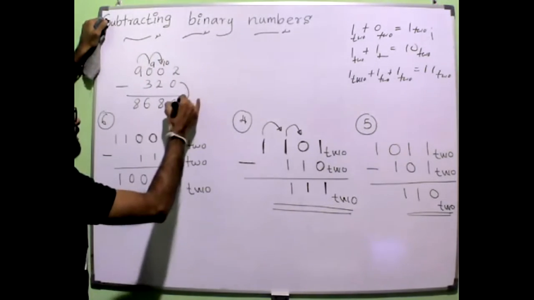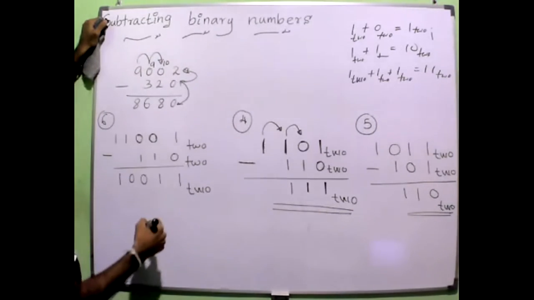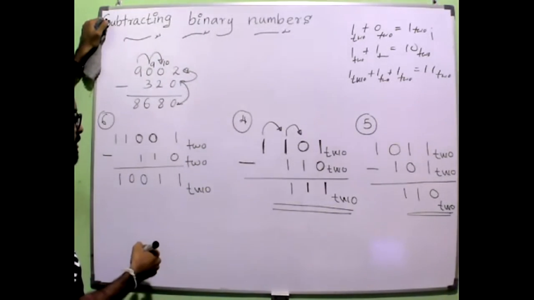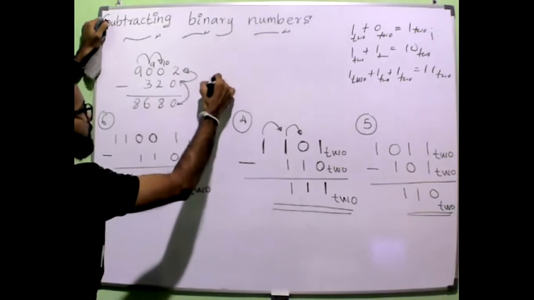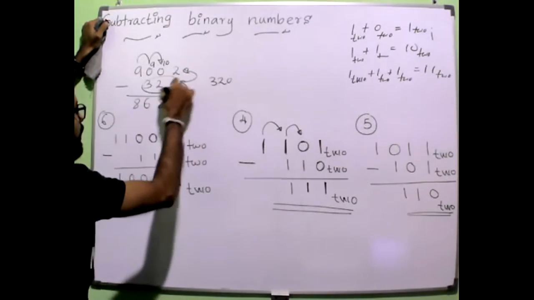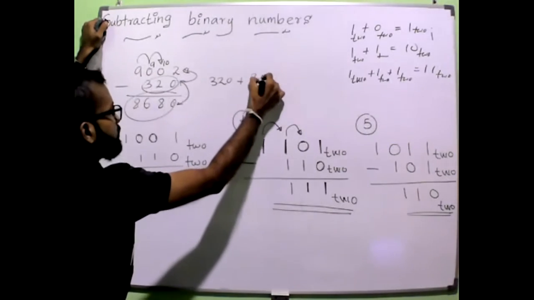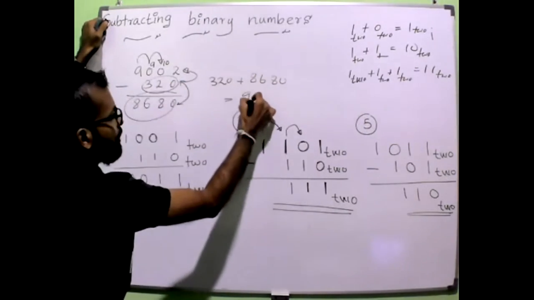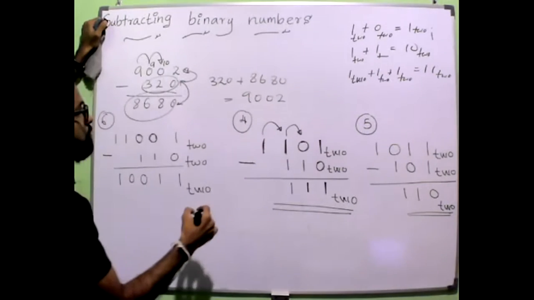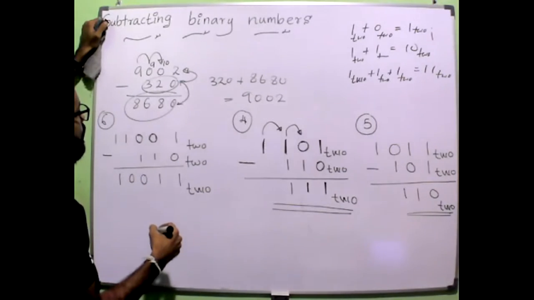If you add these two numbers together, you need to obtain this one if the subtraction is correct. If you add 320 and 8680 together, you would need to obtain the answer as 9002.